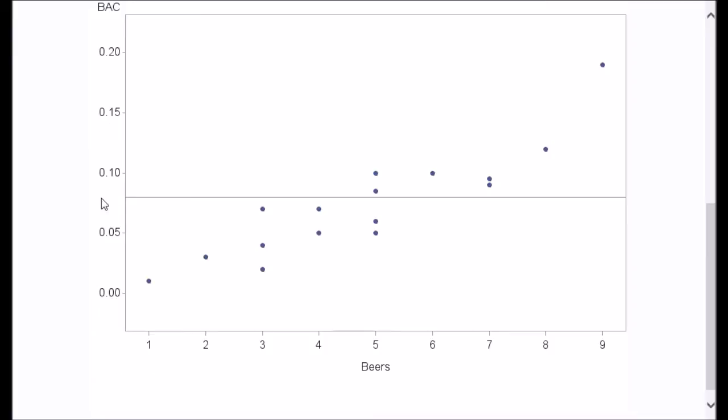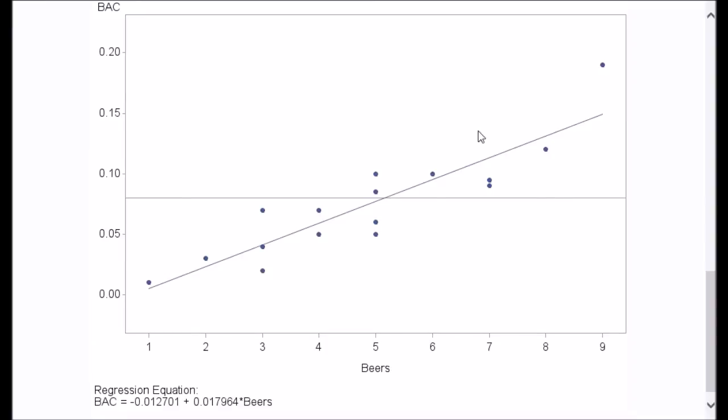And for BAC, the legal limit is 0.08, so that's indicated with a reference line here. You can see there's a nice strong, relatively linear looking relationship. It looks like BAC is increasing in a fairly linear way. This particular observation might be slightly elevated. That's our 110-pound female. But it looks like a fairly linear relationship. So let's drop a regression line in there.